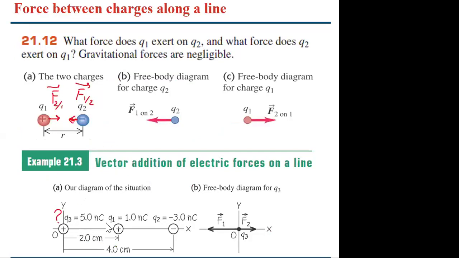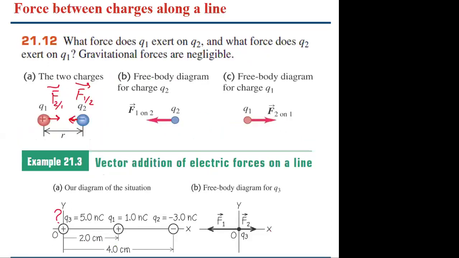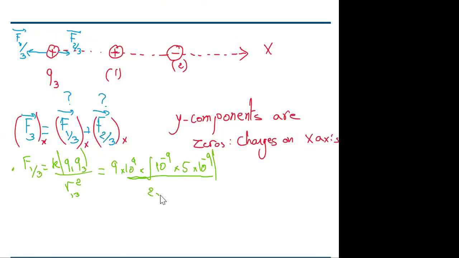Q1 is 1 nanocoulomb, Q3 is 5 nanocoulomb. 1 nanocoulomb means 10 to the power negative 9, multiplied by 5 nanocoulomb, 10 to the power negative 9, divided by the distance between them, which I think is 2 centimeters, that means 2 times 10 to the power negative 2. Why do we multiply by 10 to the power negative 2? Because we have to convert to meters. And we multiply the charges by 10 to the power negative 9 because we have to convert to coulombs. Don't forget it's squared.